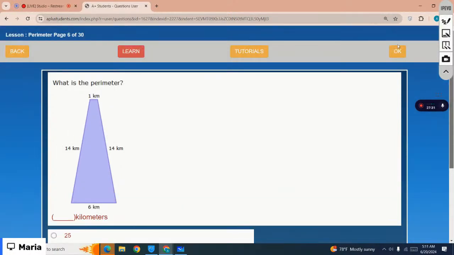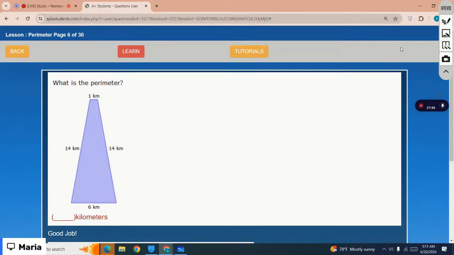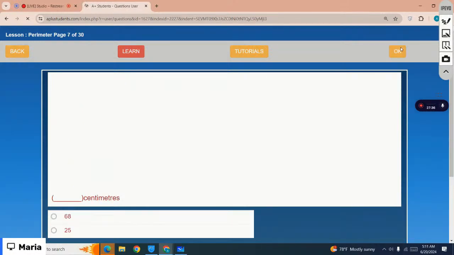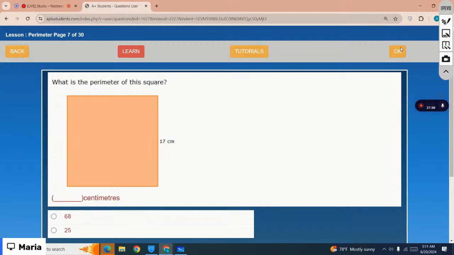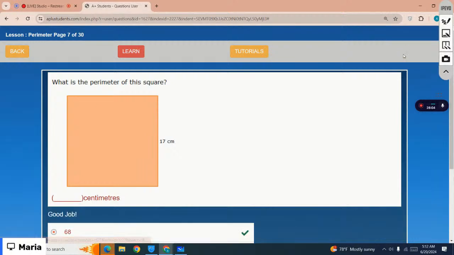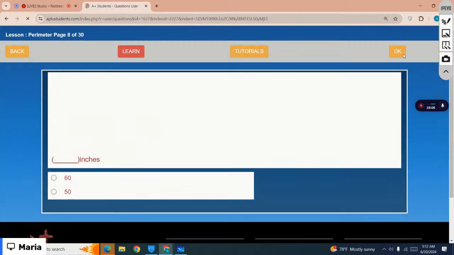Option number 2 is the correct option. Sixty-eight centimeters is the correct option. That is a square. Square has all four sides equal in measurement. Either you can do 4 times 17, right?